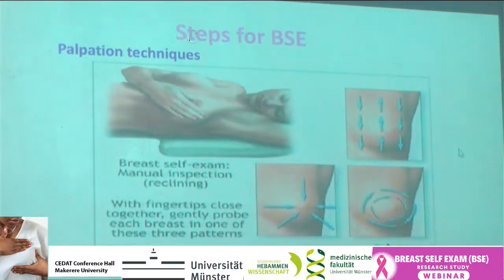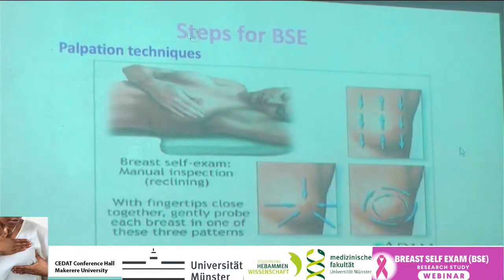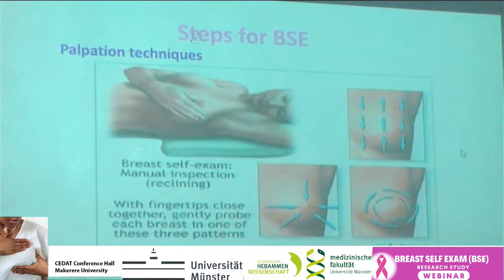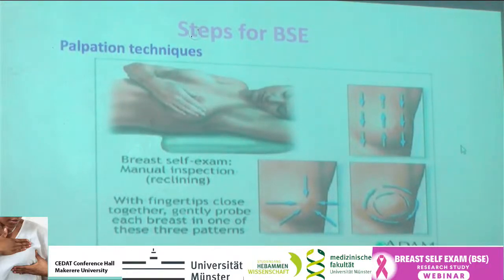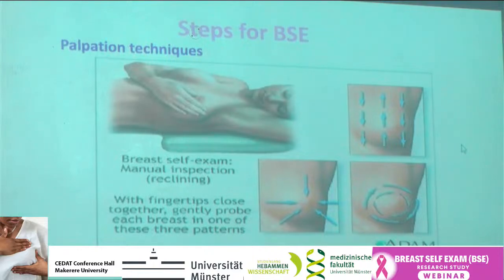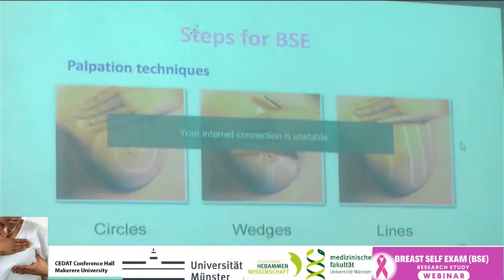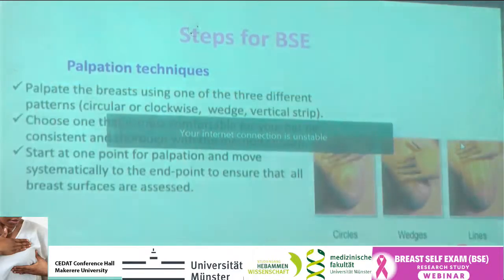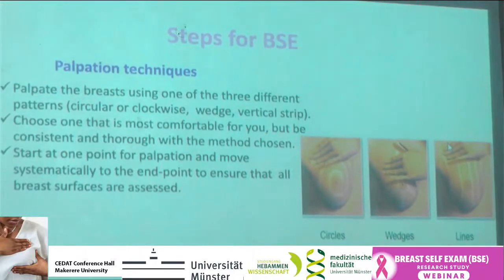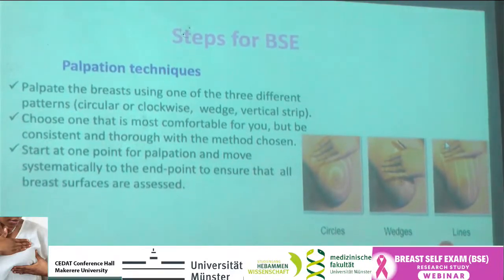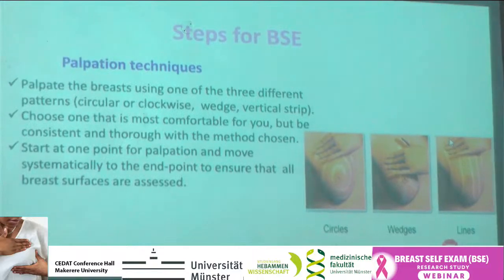These are the techniques that can be utilized. You can use any of these. You can use the circles, you can use the wedges and the line, whatever you prefer. The circular or clockwise one, then we'll have the wedge and also the vertical strips.